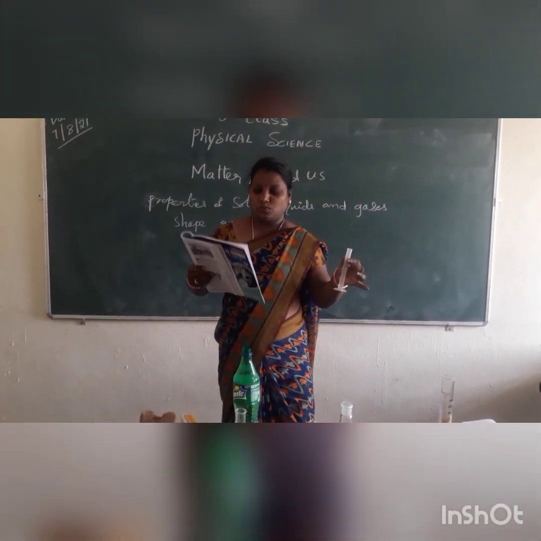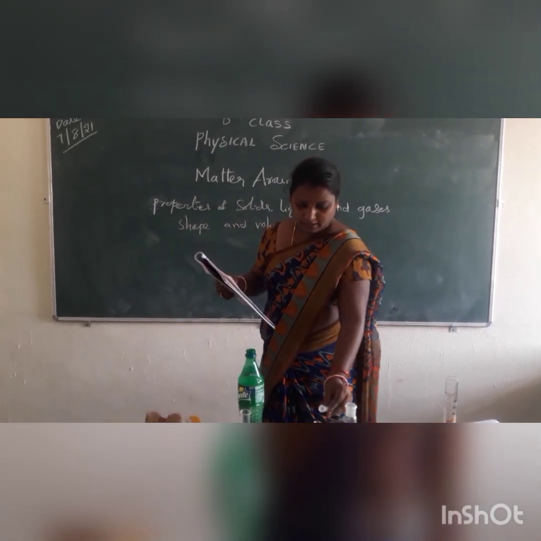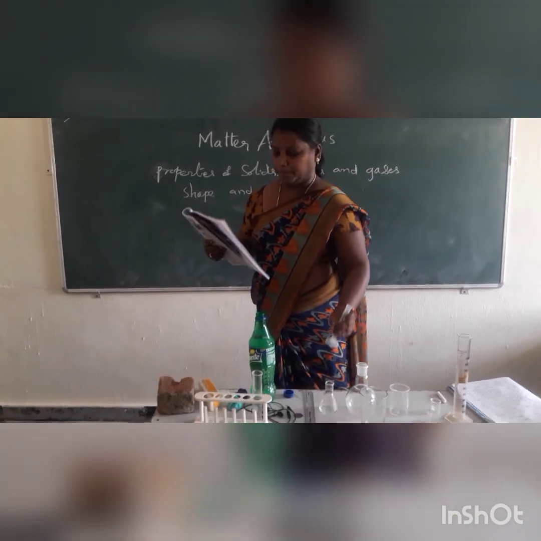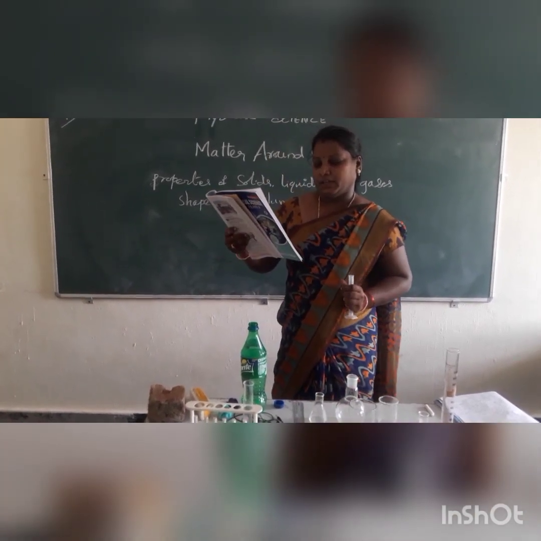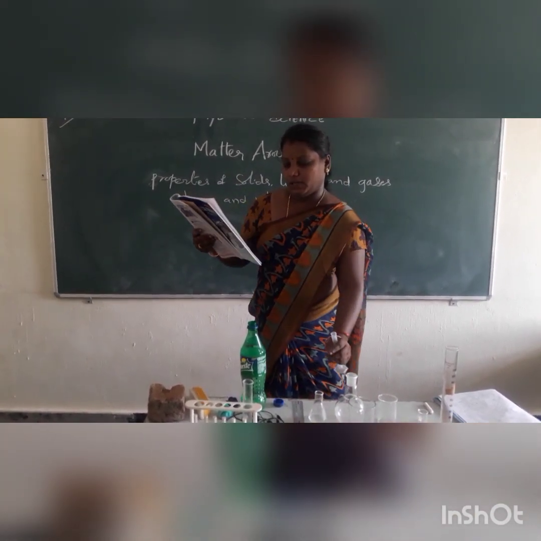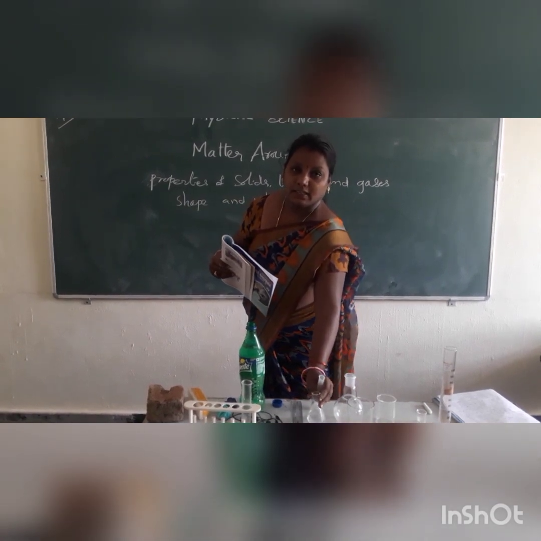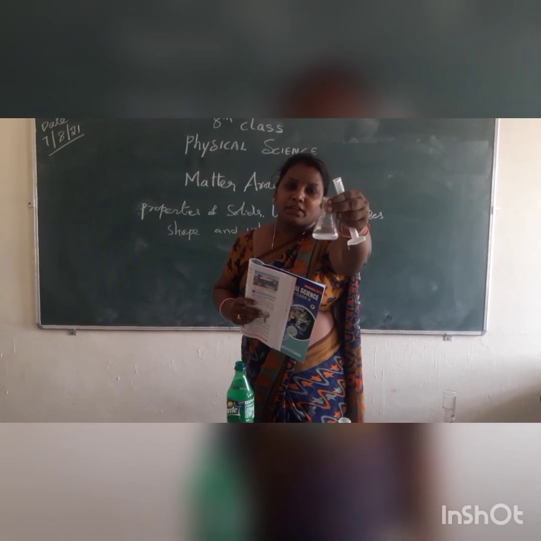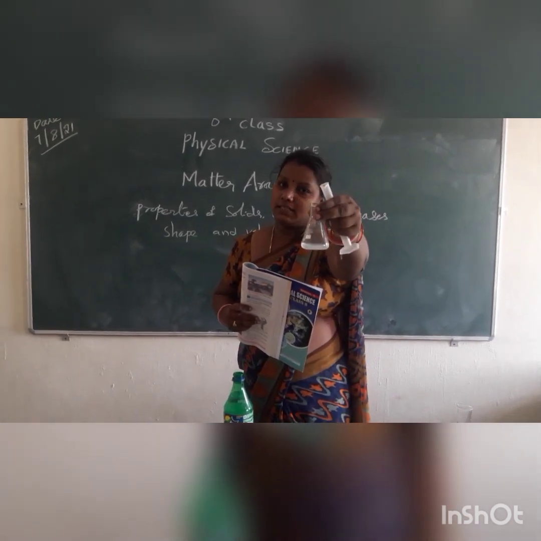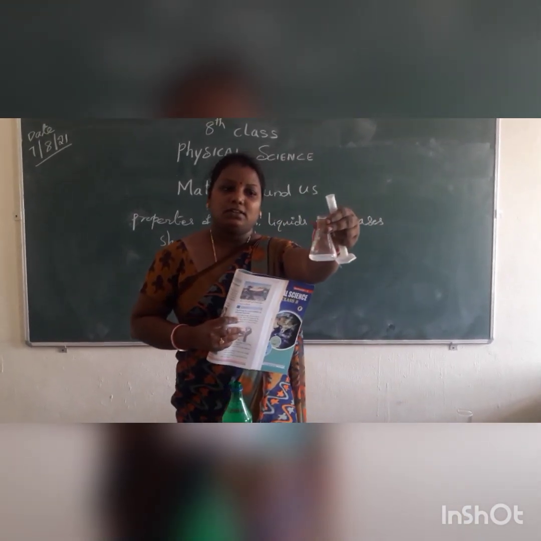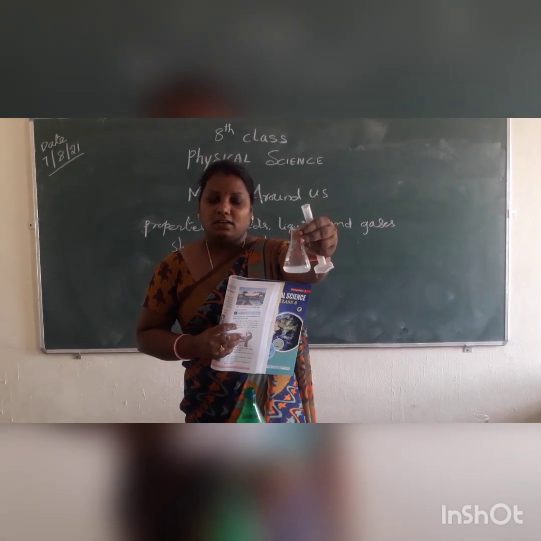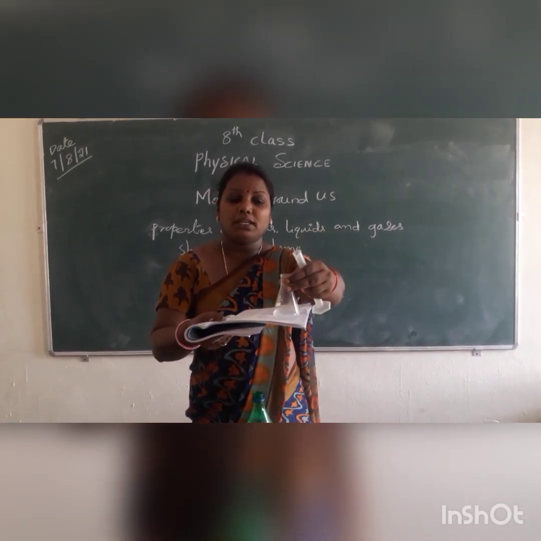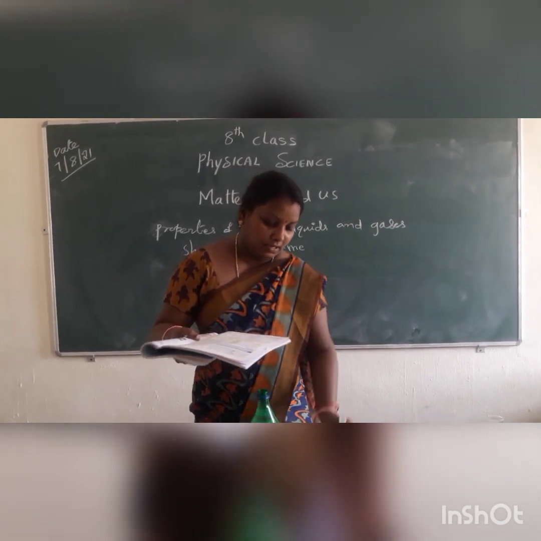I pour this water into the conical flask. Children, observe here and examine the shape of water in the container. What is the shape of water in this container? Yes, it is spread at the bottom of the conical flask.